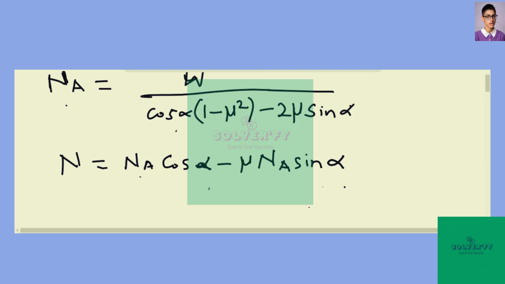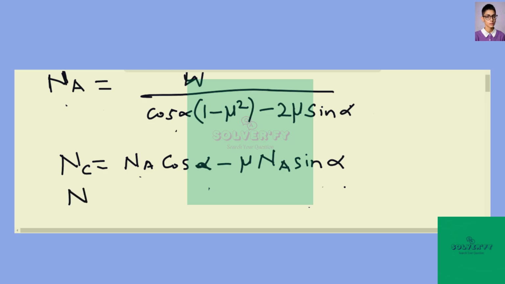So all we need to do, we know what NA is. So plug NA into this equation. When we do that, we are going to arrive at NC.